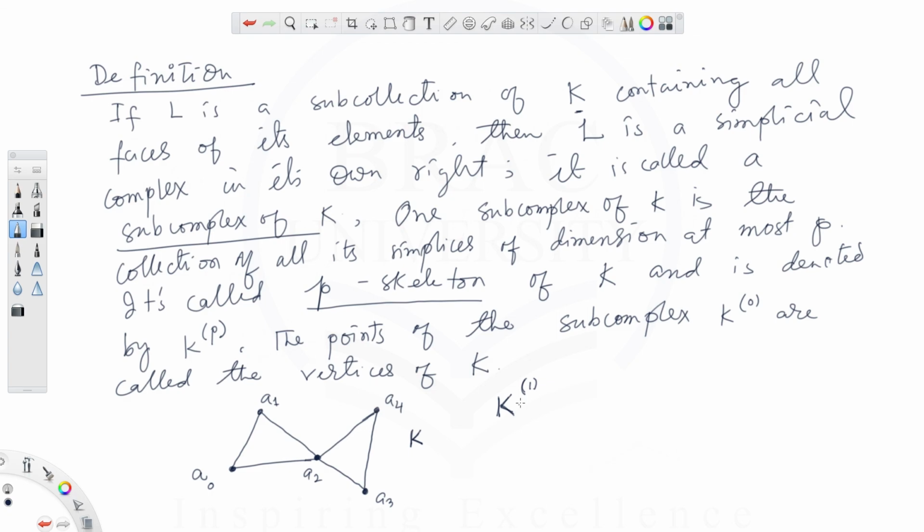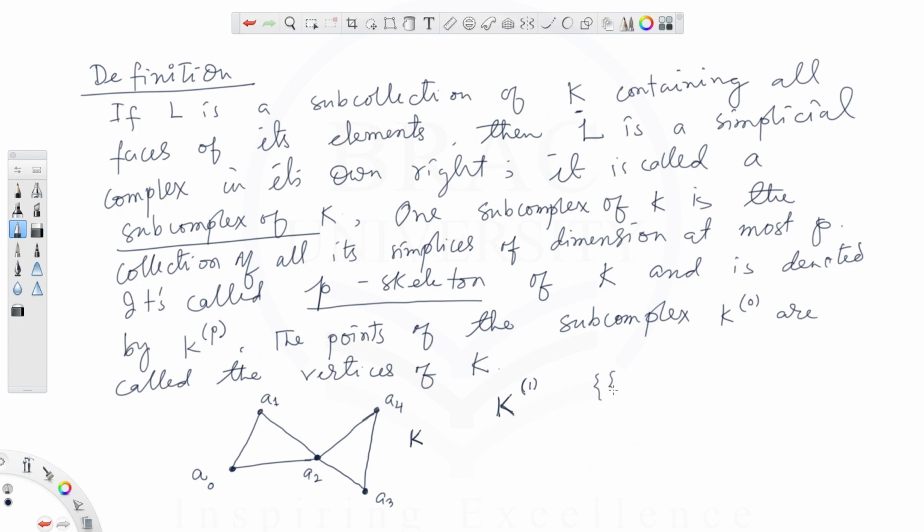So according to this definition, it is a collection of all simplices of dimension at most 1. So it should include all one-simplices that we have in this complex.